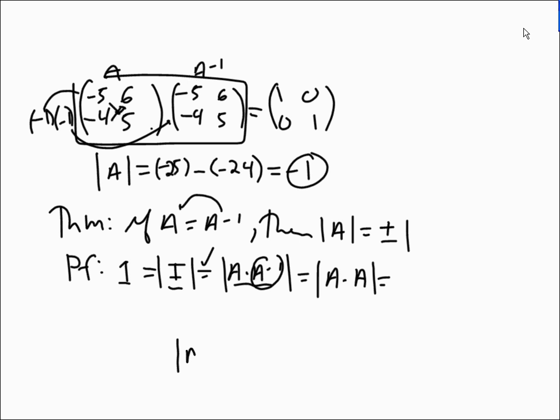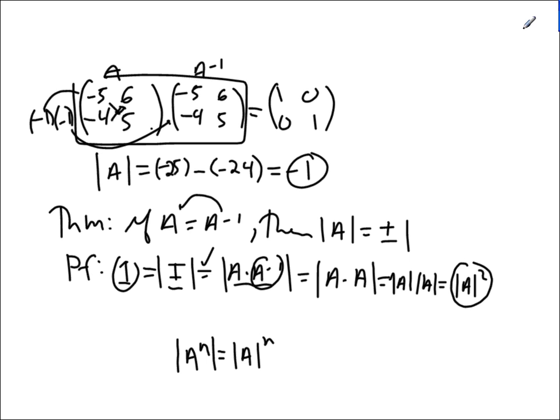Remember, the determinant of A to the n, we really only did it up to 3, is the determinant of A to the n. And if you don't want to do that, you can say this is the determinant of A times the determinant of A, and then say it's the determinant of A squared. The determinant of A squared is 1. If something squared equals 1, then that something is plus or minus 1.